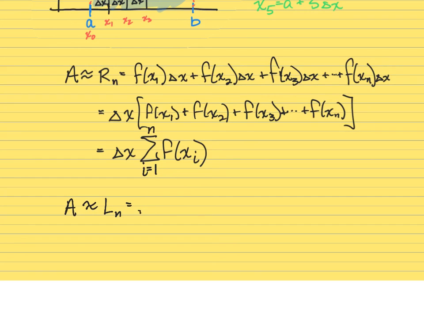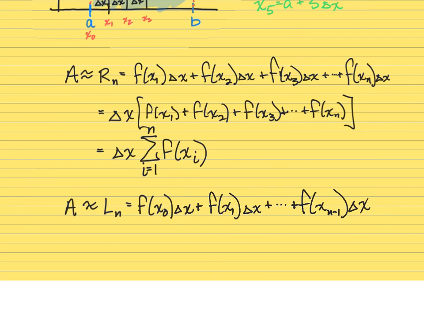It will look like this: f of x sub 0 times delta x, plus f of x sub 1 times delta x, all the way up to f of x sub n minus 1 times delta x, or delta x times the sum from i equals 0.